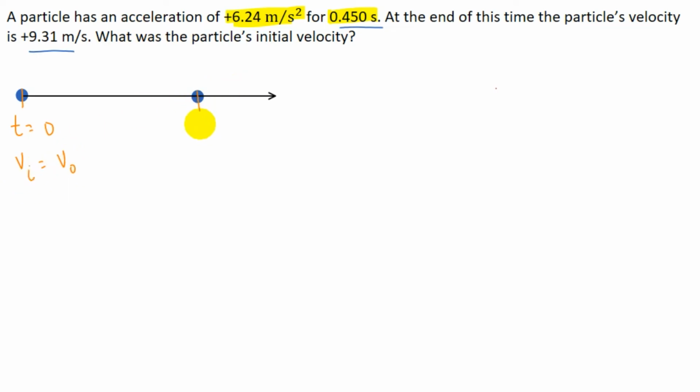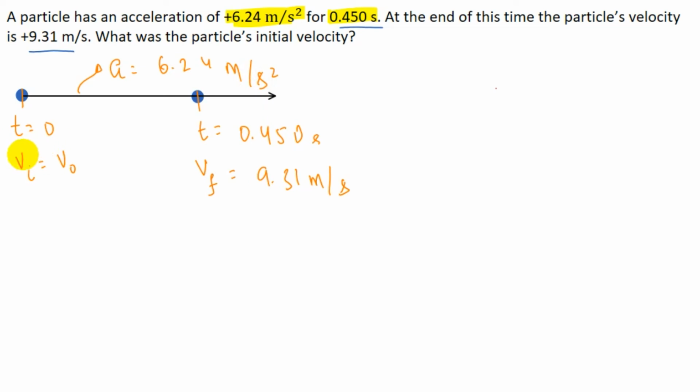Now here this is time t equal to 0.450 seconds and the final velocity becomes 9.31 meters per second, and during this time interval the acceleration is constant, which is 6.24 meters per second squared. Now we have to calculate the initial velocity vi.